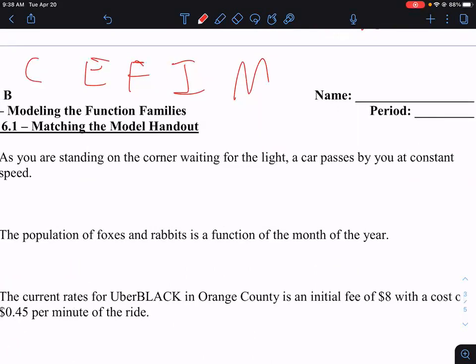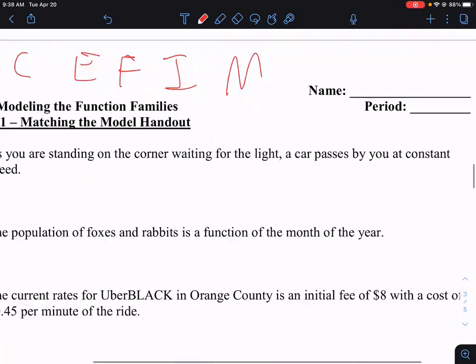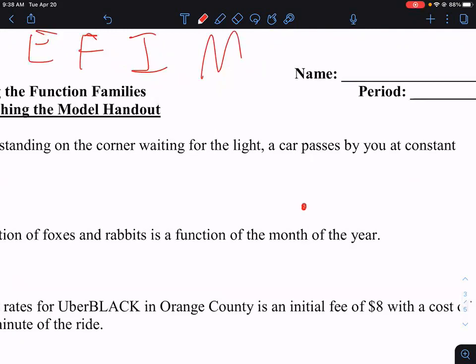But I intended for it to be absolute value because, let's say you're here and then you've got the car over here, right? So right now, let's say the distance is 60 feet. Well, when the car gets over here, it's still 60 feet, right? You wouldn't say this is negative 60 and this is positive 60.